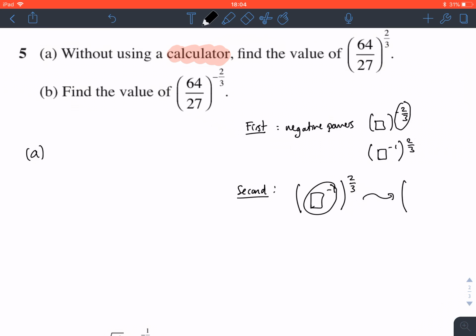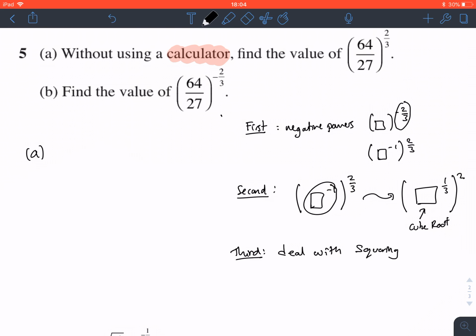Then you will deal with the third. You'll bring the third in, i.e. that will be a cube root. And then you're left with a square on the outside. And then after, you deal with the square. So lastly, or say thirdly, deal with squaring.